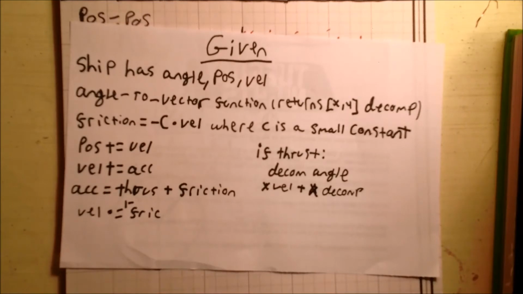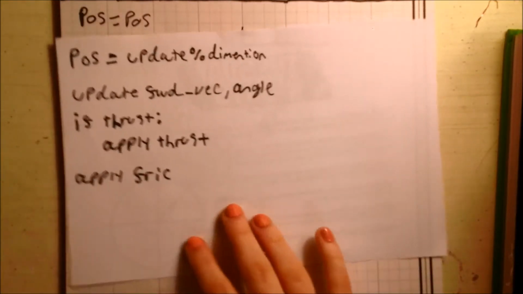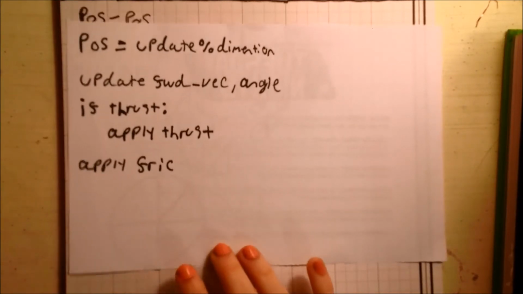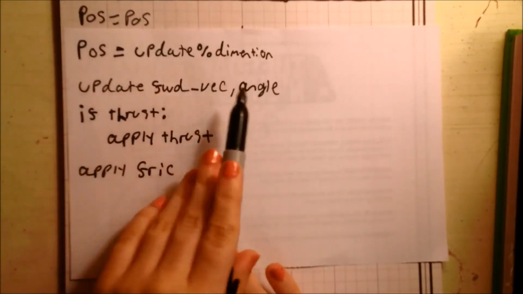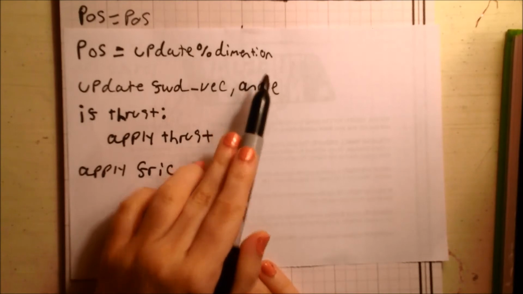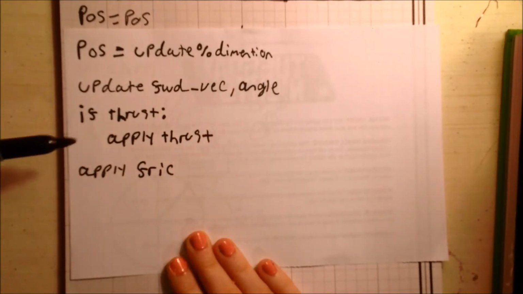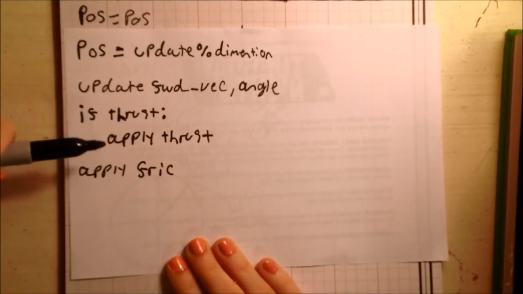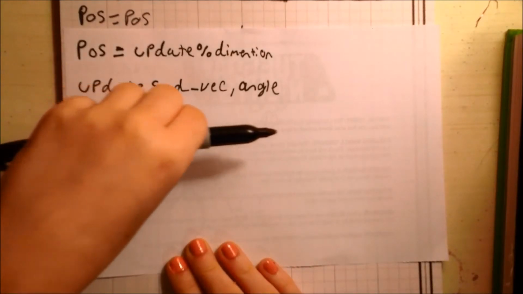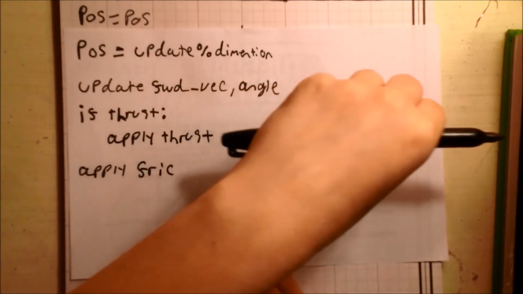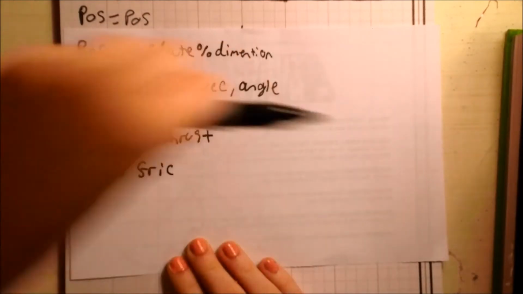The draw function, the update function, all it's going to do is update the position, and you need to remember modulo dimension, because you can say position equals the update, but it'll just keep going and going until it goes off the screen.